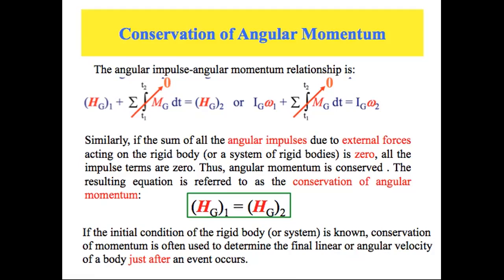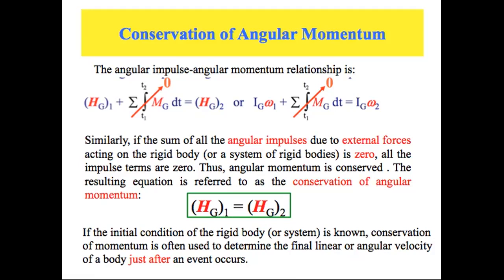If the initial condition of the rigid body is known, conservation of momentum is often used to determine the final linear or angular velocity of a body just after an event occurs. Again, this equation is suitable when we have impact or collision between two rigid bodies.